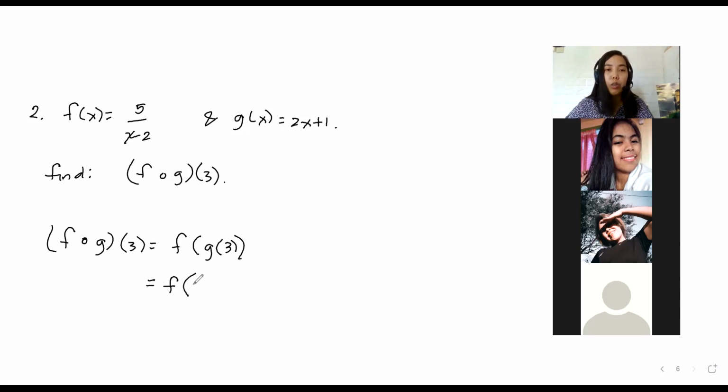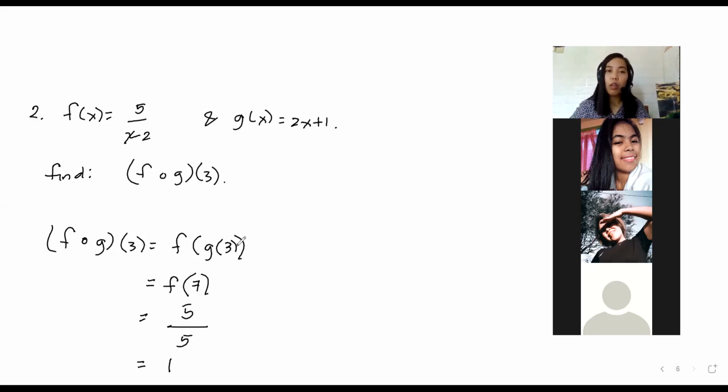Our g is 2x plus 1. So we will substitute 3 in the given. So we will have 3 times 2 is 6 plus 1, 7. Then you're going to substitute 7 in our f. So we will have 5 over 7 minus 2. It's 5 over 5. Therefore, the answer is 1. F of g of 3 is equal to 1.